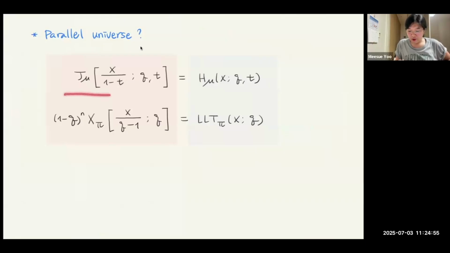Here I defined this modified Macdonald by using the integral form Macdonald via this plethystic substitution, x over 1 minus t. And then the unicellular LLT polynomials and the chromatic symmetric functions also had a similar relationship. So we can make a parallel analogy of these two relationships.